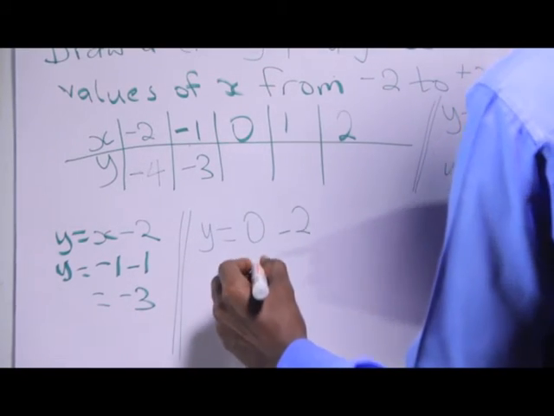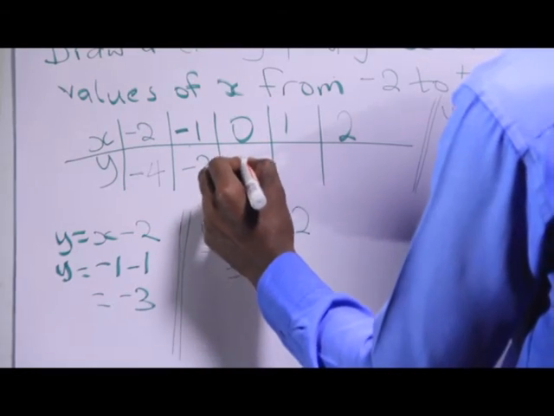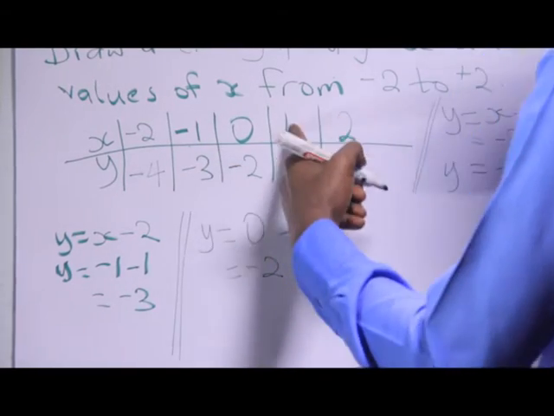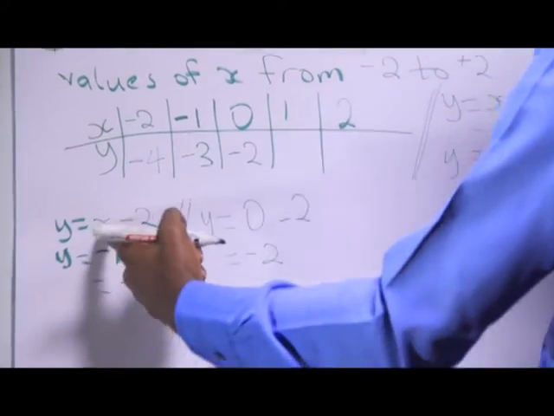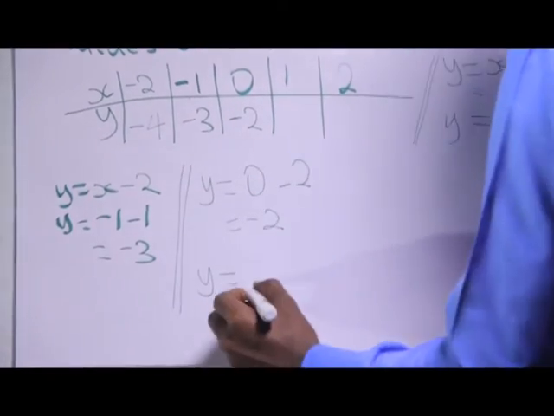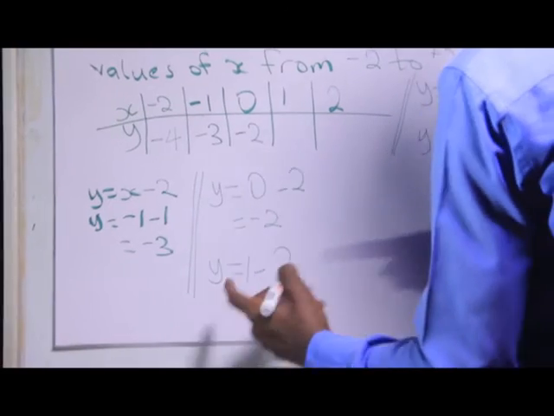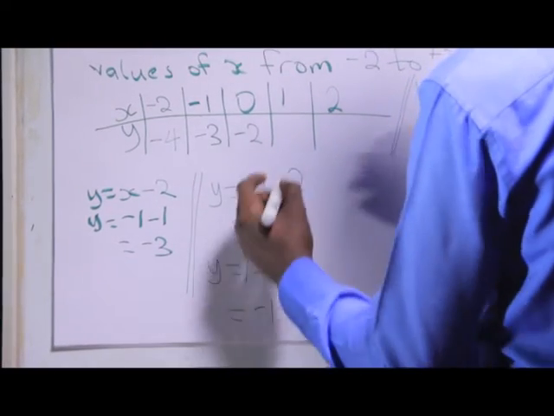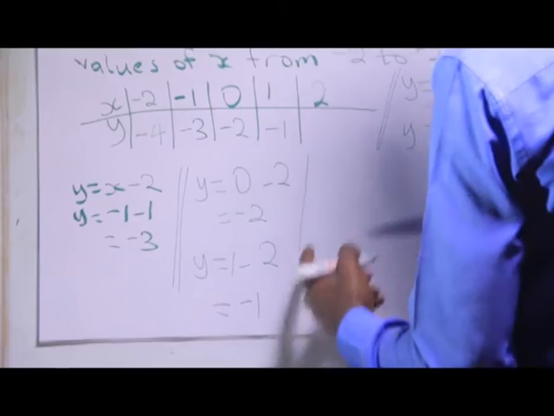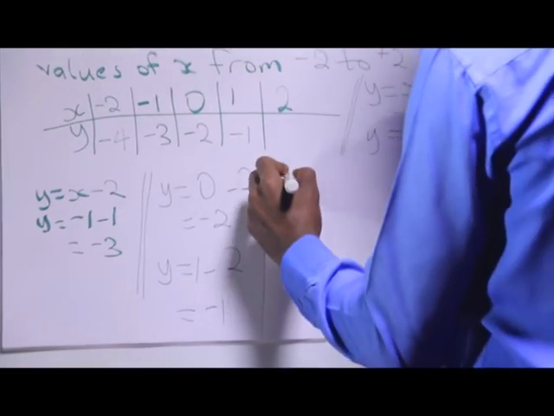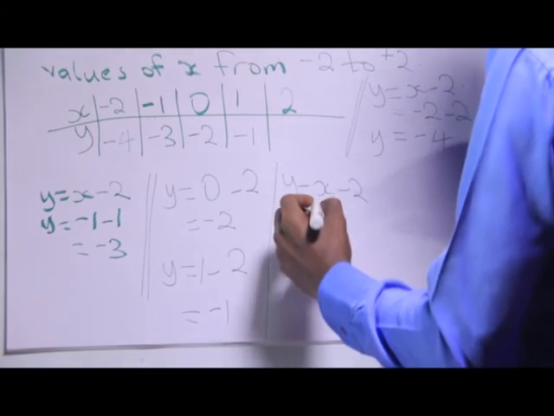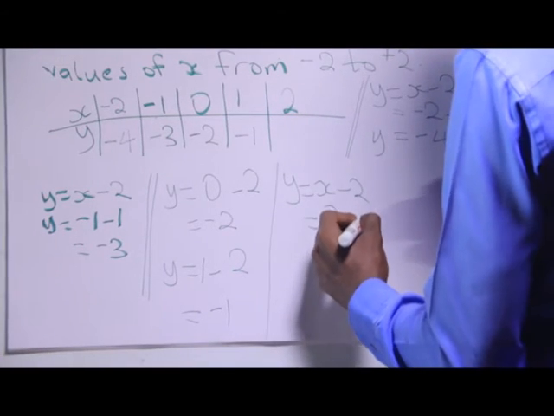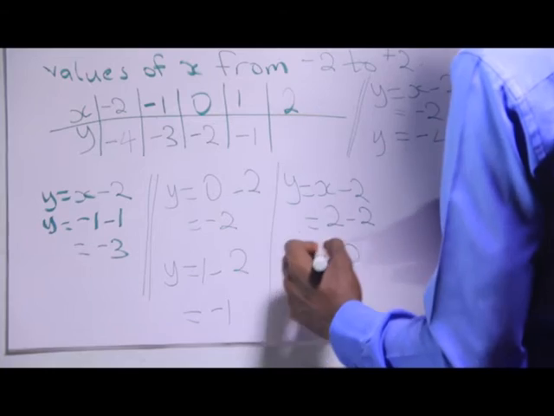So 0 minus 2 gives us negative 2. I put the negative 2 here. I come to this one. I have y is equal to x, which is 1 in this case, minus 2. 1 minus 2 gives us negative 1. Finally, the last point, I have y is equal to x minus 2. Now, the x in this case is 2, so I substitute 2 minus 2 gives me 0.